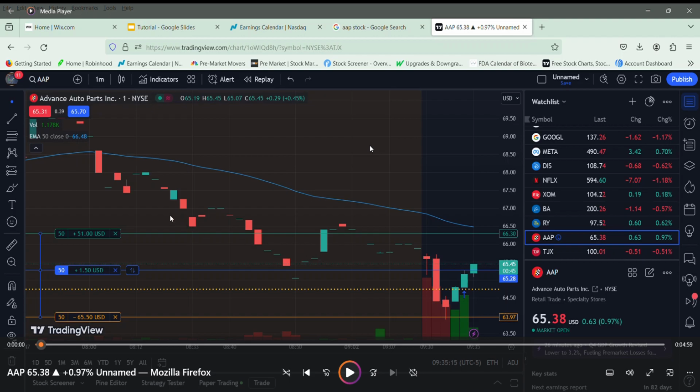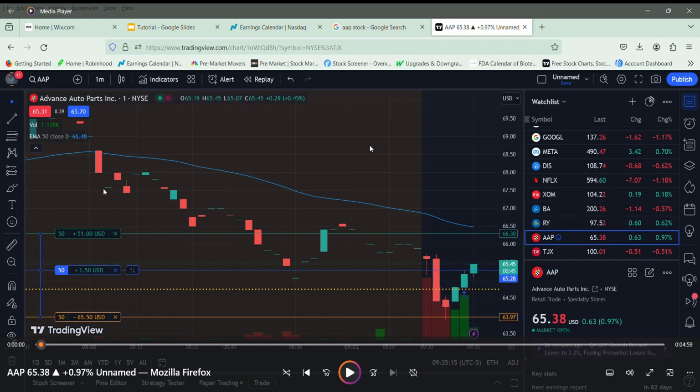So what we want to do first, before we do anything else, is map out our support and resistance. Now, by looking at this chart in the pre-market, we know that it's on a downtrend. But look at these dips. You see how they're going at this angle right here?